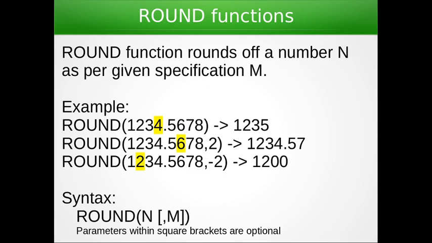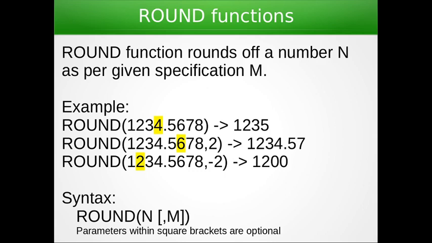So output, first output you can see here we are getting 1235. Why is the number like this? Now you can see the highlighted digit 4. So here if we are giving a single number with round function, what happens? After 4, what is here? 5. So 4 will be rounded off to 5. We are getting the output 1235.